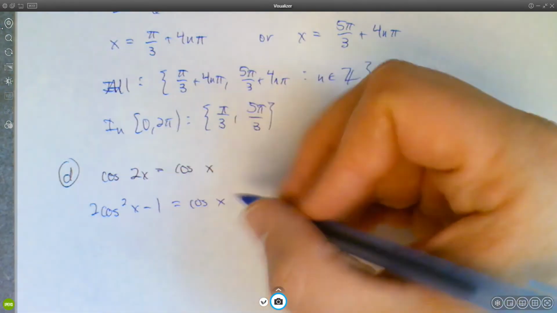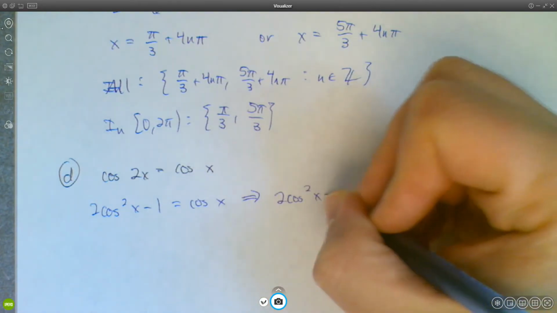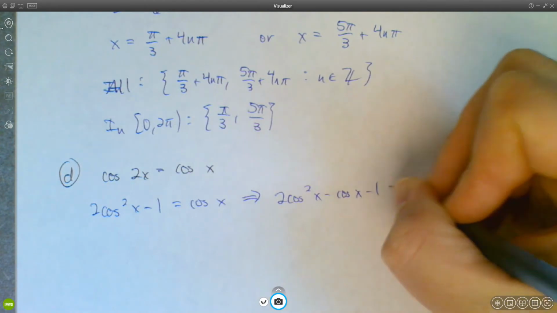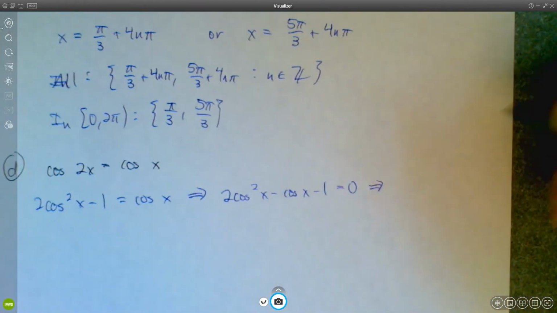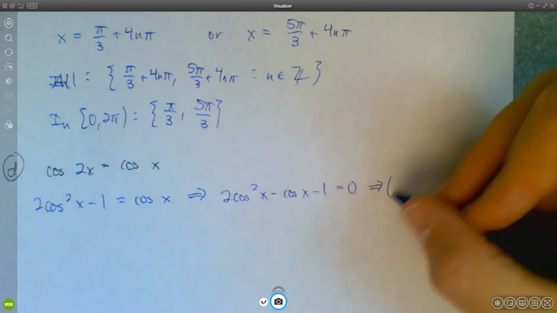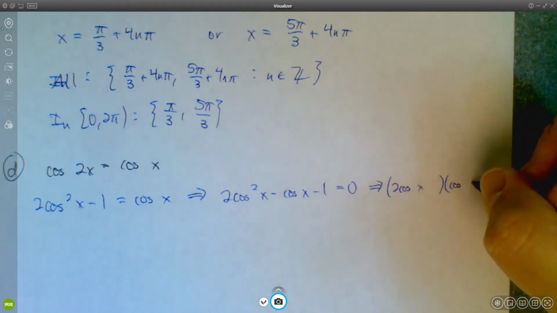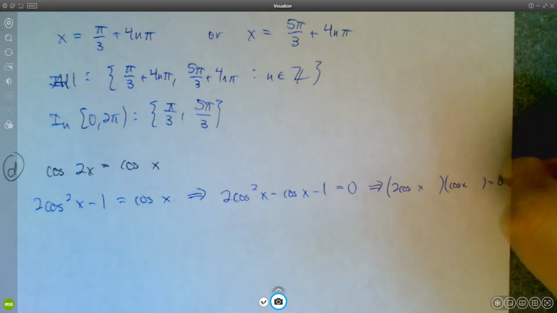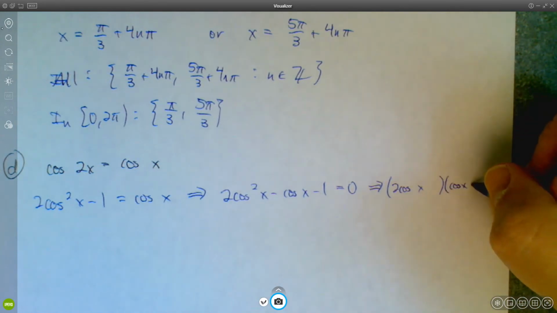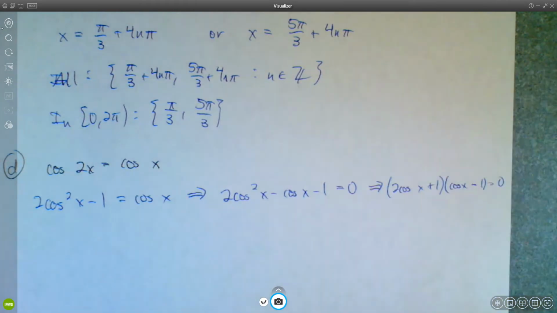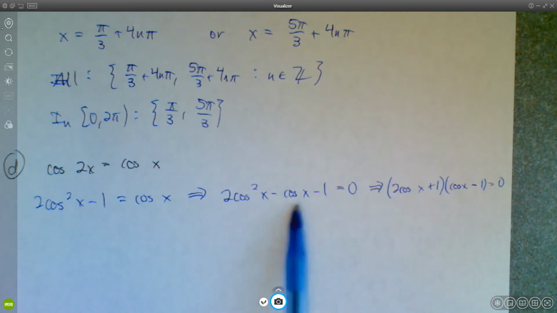So anyway, without further ado, we have 2 cosine squared x minus cosine x minus 1 equals 0. Can we factor that? Yeah, I think so. 2 cosine x, and let's see, so this needs to be a negative and a positive, so that way I can get a -2 cosine plus a cosine, and that'll give me a -1 cosine there in the middle.